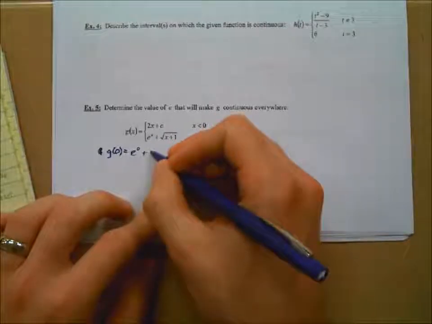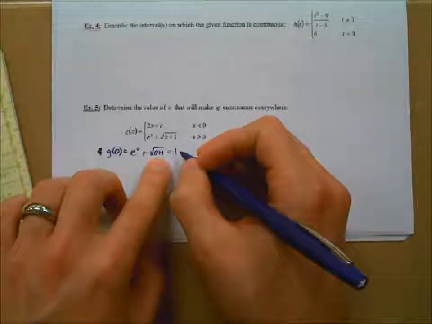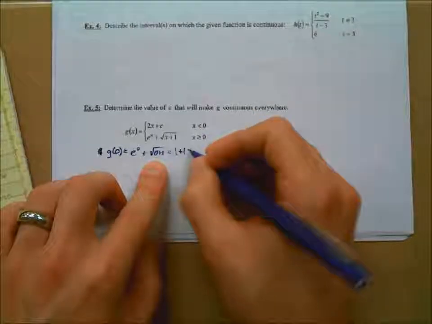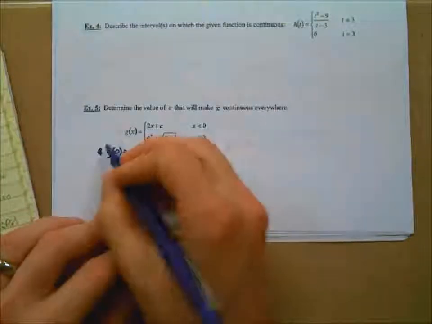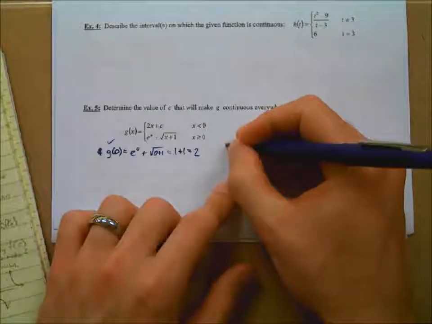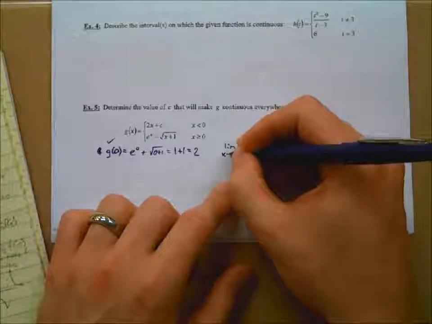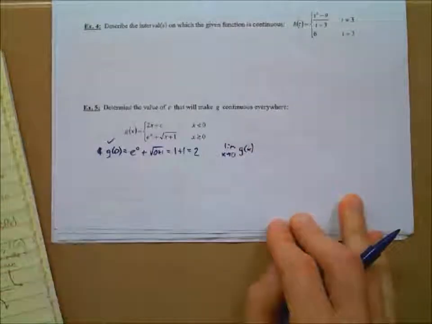So we'll say it's e to the 0 plus the square root of 0 plus 1. So e to the 0 is 1. 0 plus 1 is 1. Square root of 1 is 1. So we get 2. g of 0 is 2. So g of 0 exists. Check. Criteria 1.